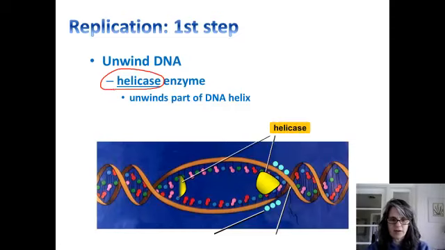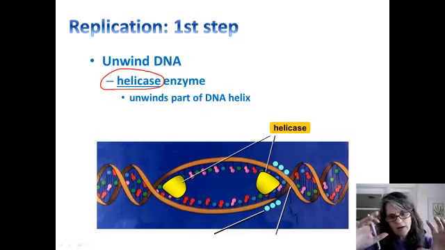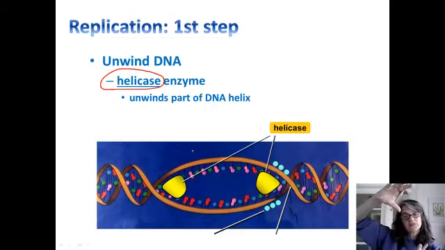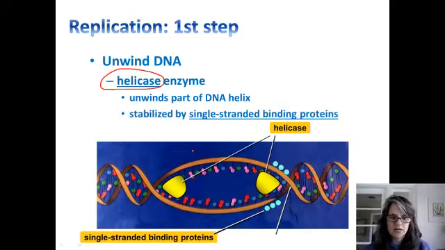It is represented by these yellow wedges here that have unwound the molecule and are opening it up. Okay, the molecule really does want to twist back into a spiral shape, so there are other little proteins called single-stranded binding proteins that are represented by these little blue circles here that will hold the molecule open.